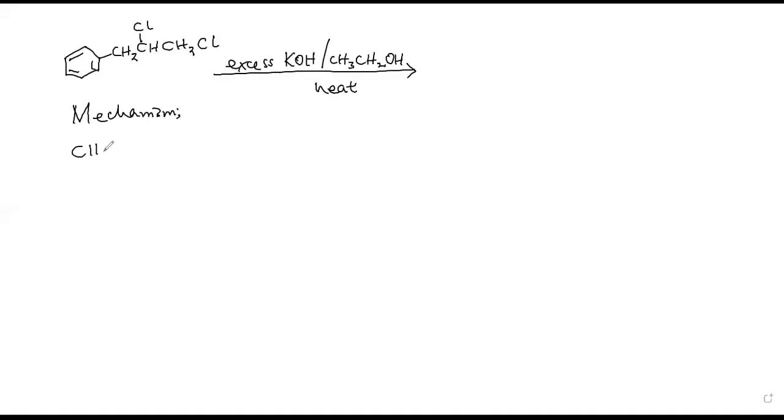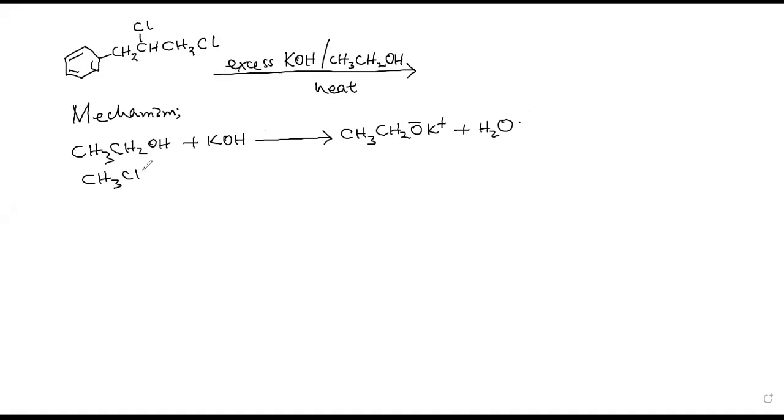You have ethanol plus water, then you're going to form CH3CH2O minus, plus the potassium ion.